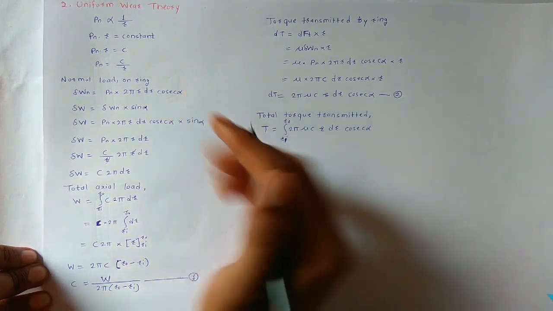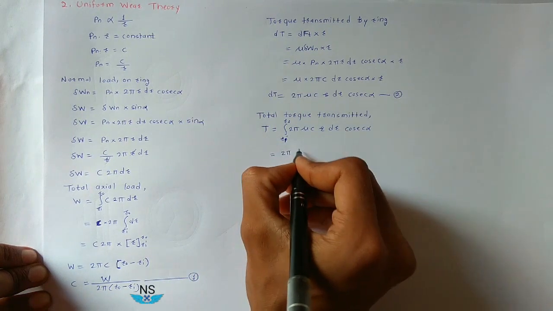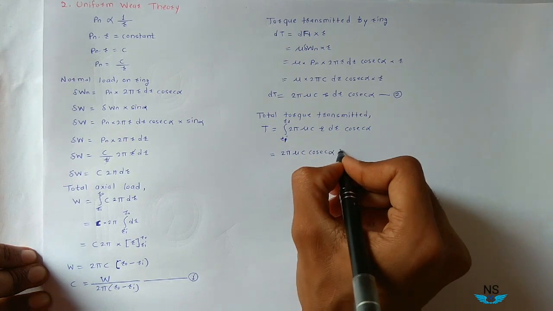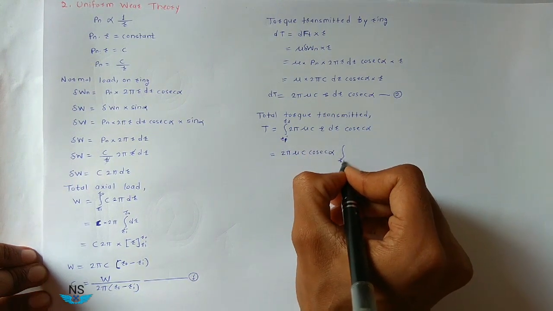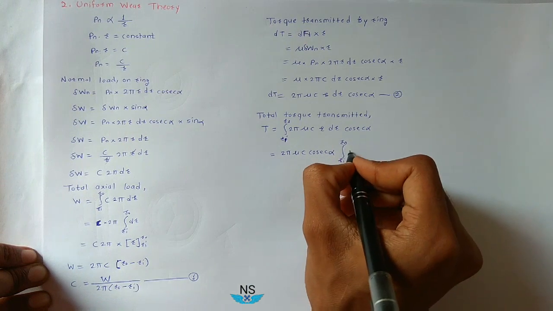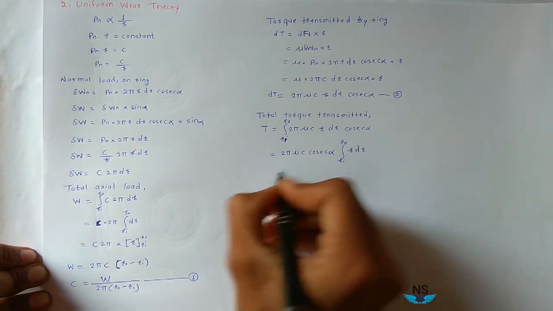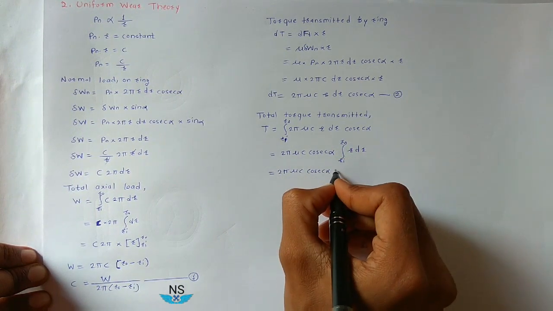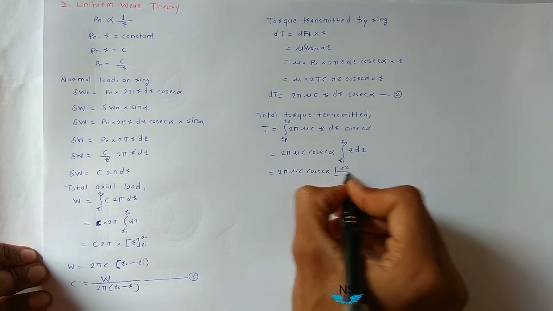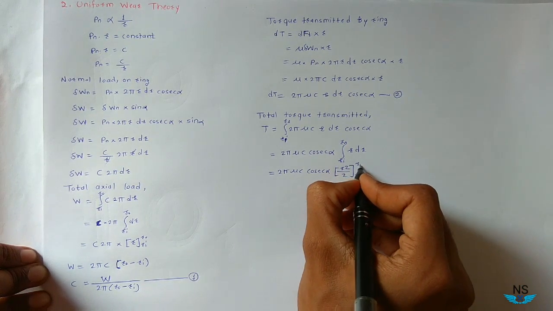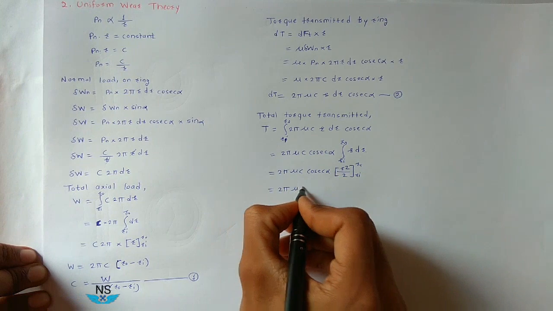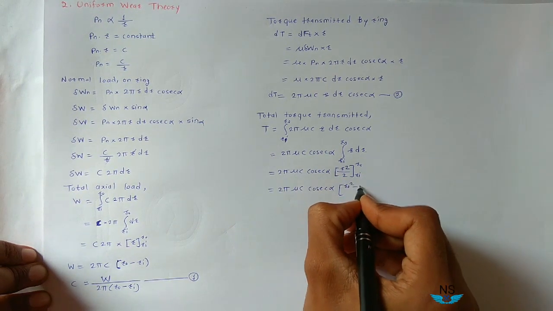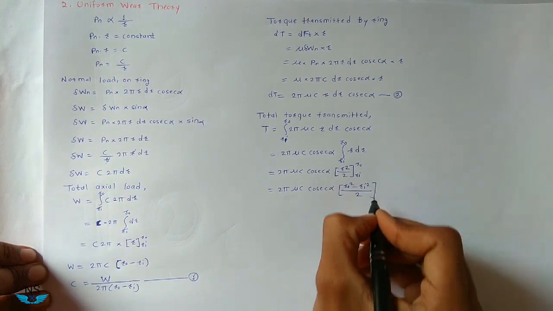Now take the constants outside the integral: 2 pi, mu, C and cosec alpha are constant, so we integrate r dr from Ri to Ro. The integration becomes r square by 2, with limits from Ri to Ro. So 2 pi mu C cosec alpha into Ro square minus Ri square divided by 2.